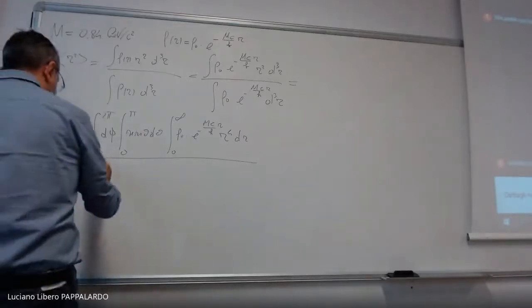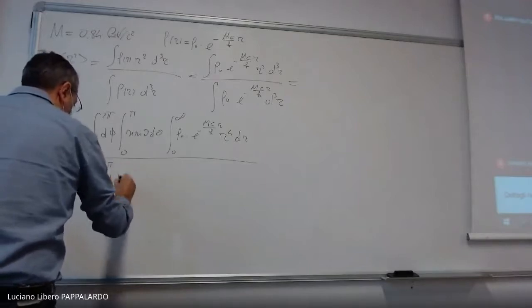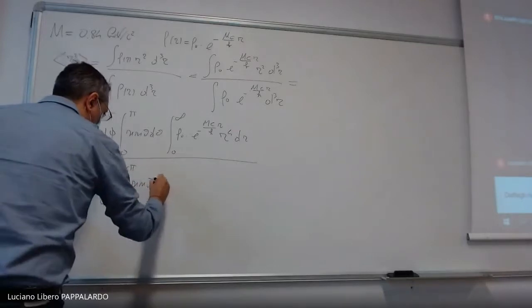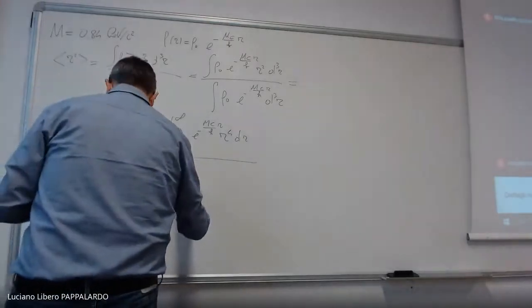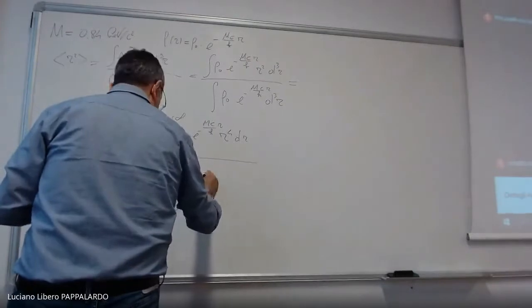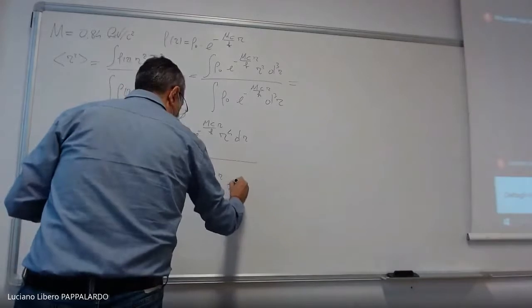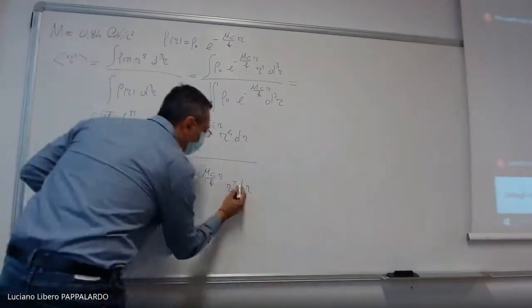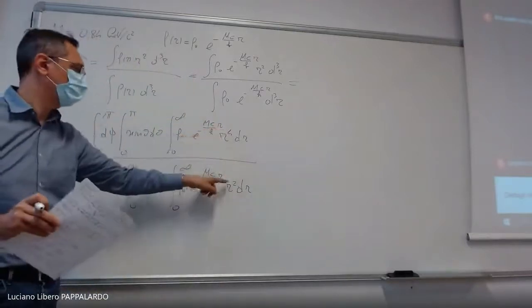And now, the denominator: the integral from 0 to pi of sine theta d theta, the integral from 0 to infinity of rho 0 e to the minus mc over h bar r times r squared. So we have the fourth power here and the second power here.